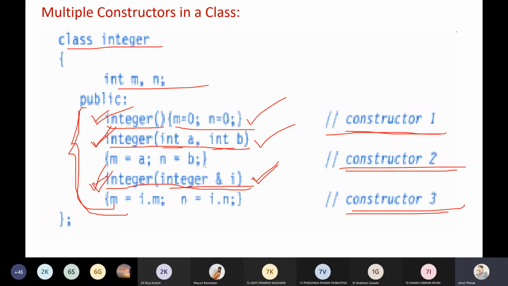Now we will use our same program. I think there is no need to use three constructors here. If you use only two constructors, this and this, that is more than sufficient for us. So I will just modify our existing program now.